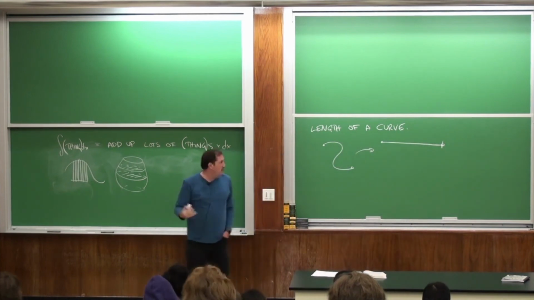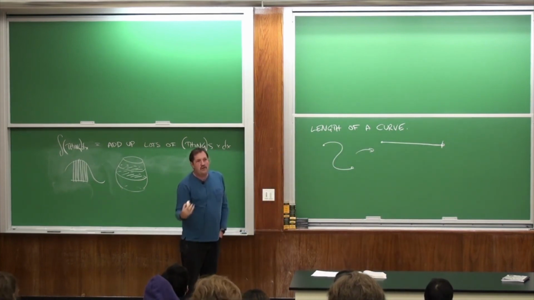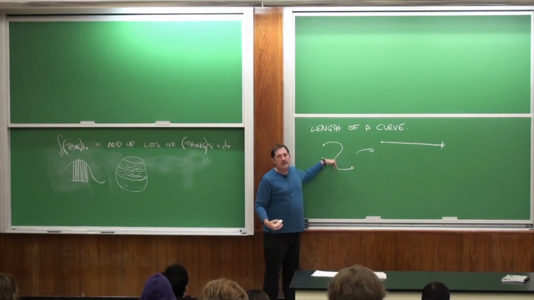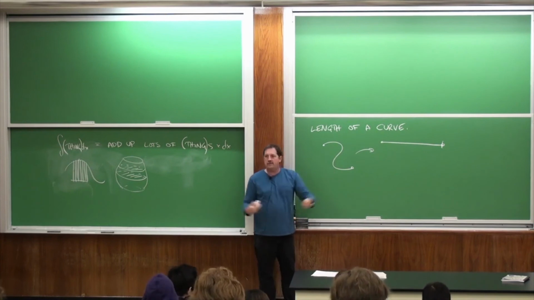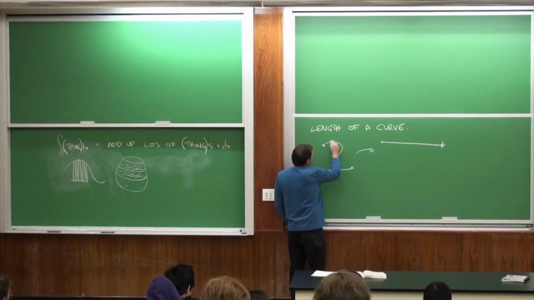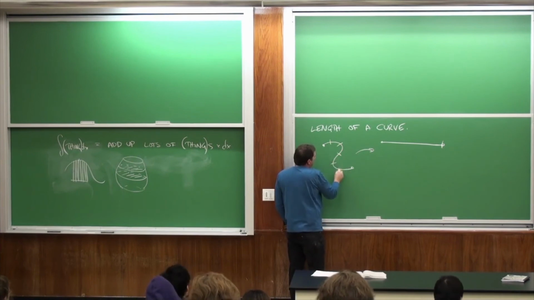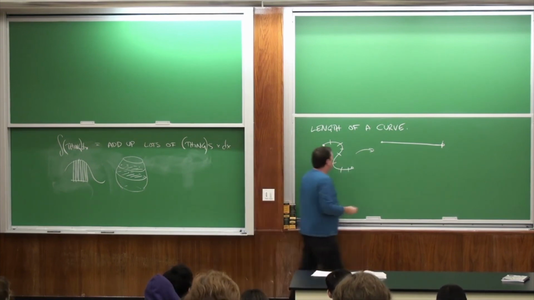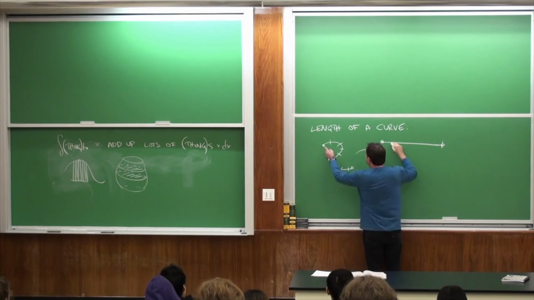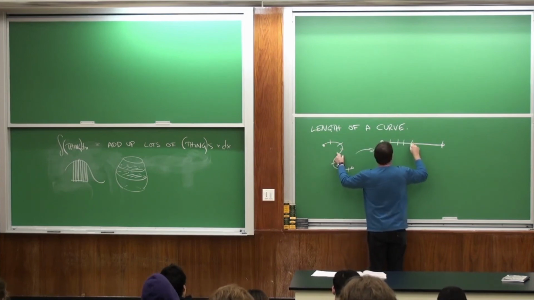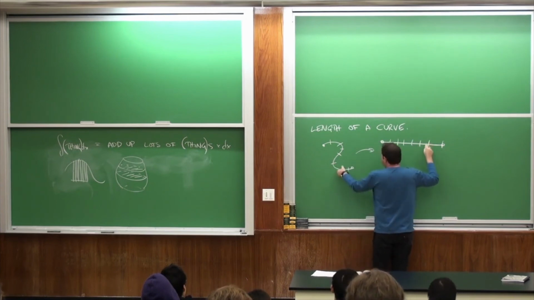If I have some curved shape and I want to know how long it is, but it's made out of concrete, it might be a little bit hard for me to just pick it up and measure it. So another thing that you can do is chop it up and measure it on segments where it's mostly straight.